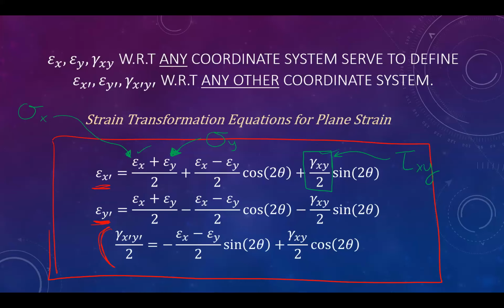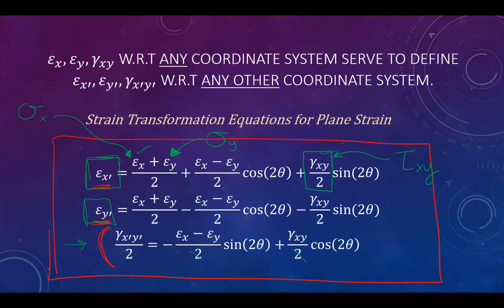And you might see all these factors of 2 and think, well, I could just multiply everything by 2, but then we don't have our strains on the left-hand side isolated. But perhaps you could do that with this equation and get rid of these 2's, but we don't do that.